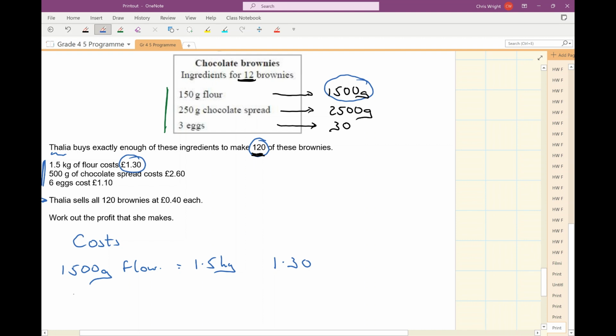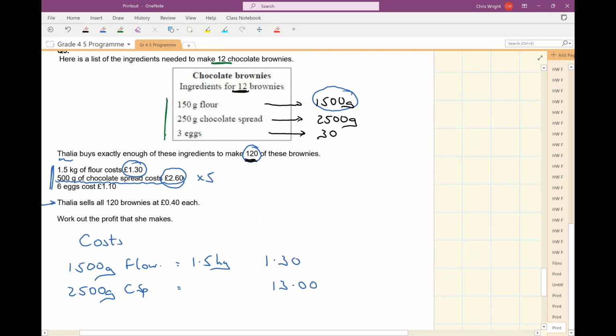Right. 2,500 grams of chocolate spread. Well, 500 grams costs £2.60. She's going to need 5 of those £2.60s, isn't she? £2.60 times 5. So she's going to spend £13 on chocolate spread. What a lot of chocolate spread.